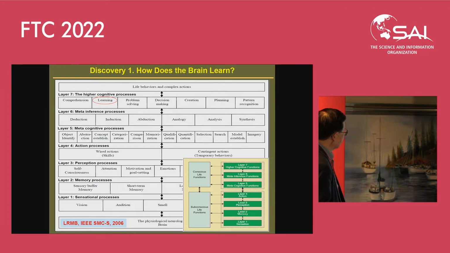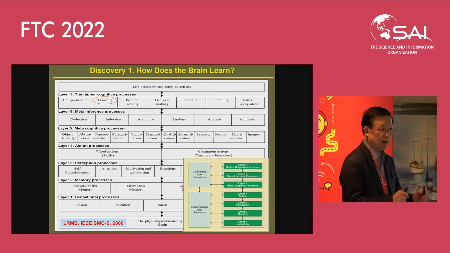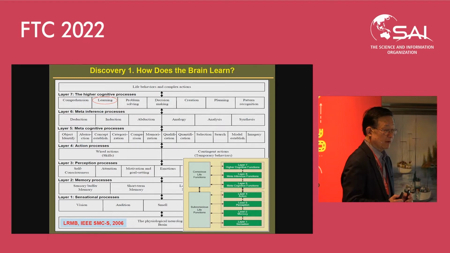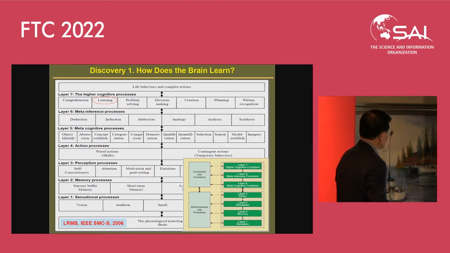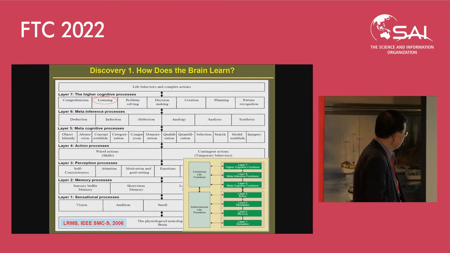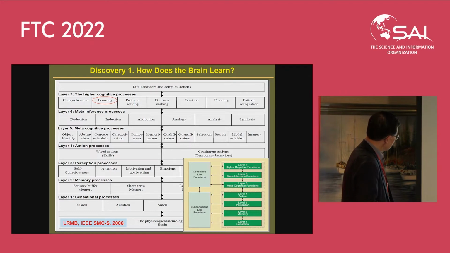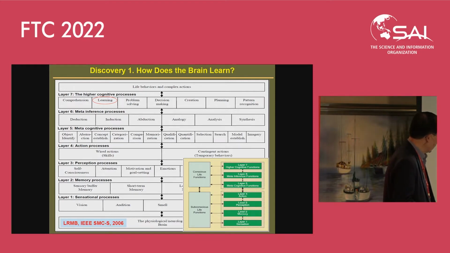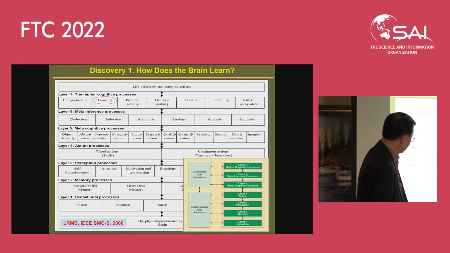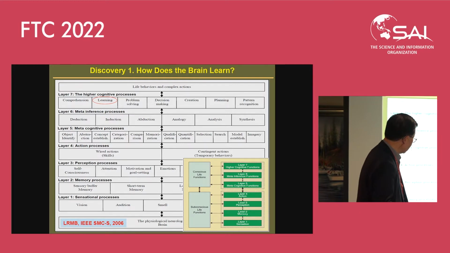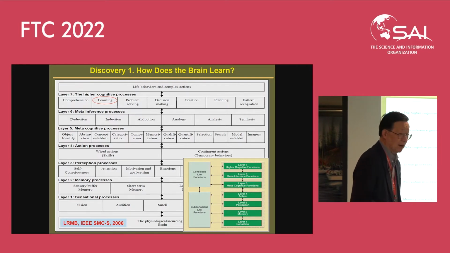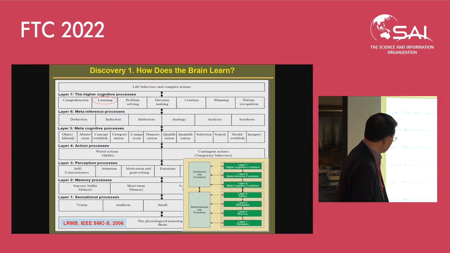And so this leads to a comparison of how humans learn in our life. We model the human brain at 5 levels, from sensation to memory, to perception, to action, to metacognitive processes at the higher levels.